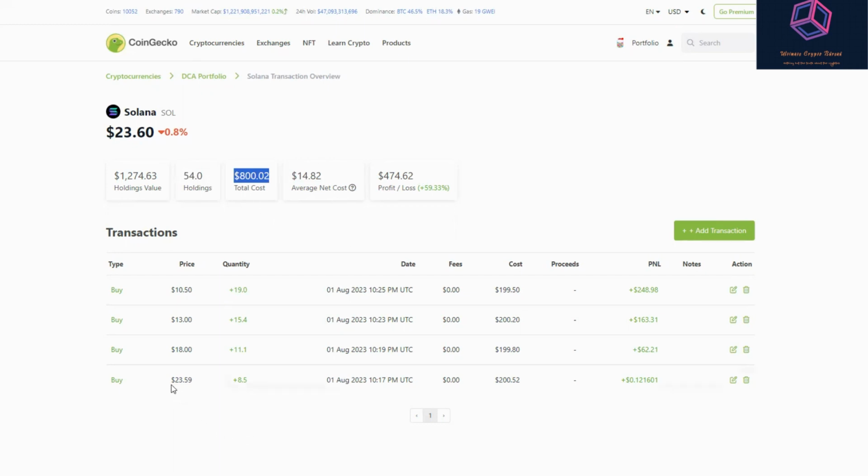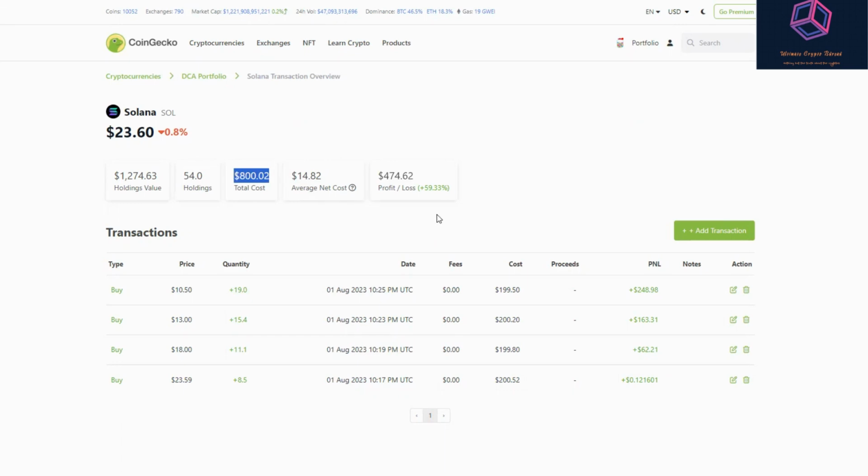And if the price goes back up from $10.50 to the current price of 23.6, you've already made nearly 60% profit on your initial investment. And we haven't even invested $1,000 yet. We've only invested $800, right?